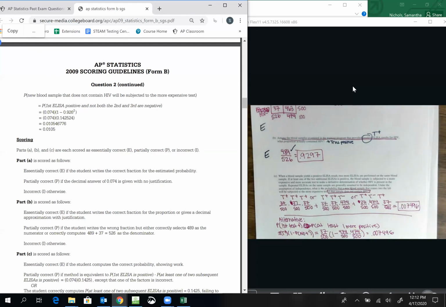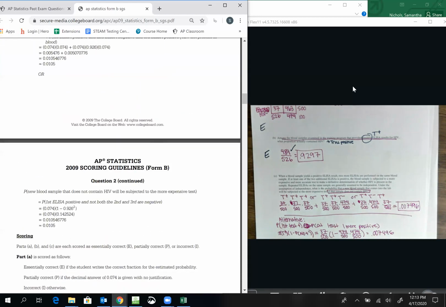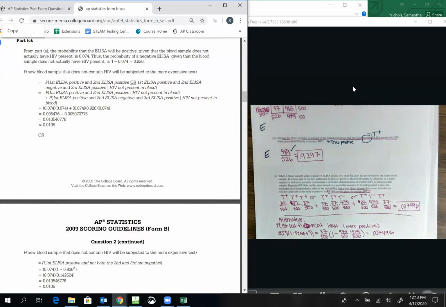Part C. All right, on this one, it looks like I messed up.